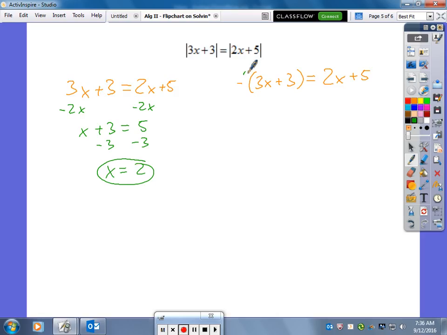Moving to the other side, we're going to distribute. Always remember to distribute your negative sign to both terms inside of the parentheses. We make this mistake a lot, and it's a shame because we know better, right? So, adding 3x to both sides, we get negative 3 is equal to 5x plus 5.